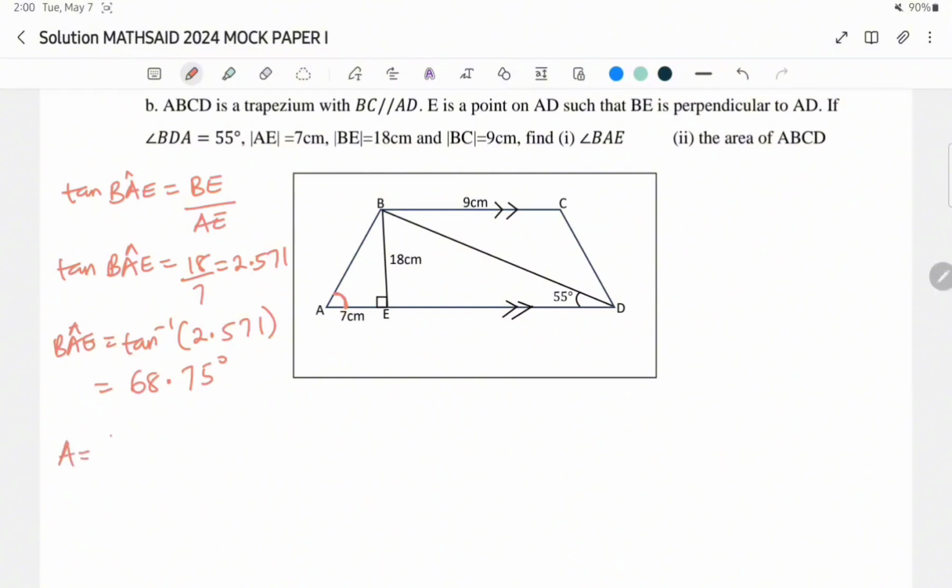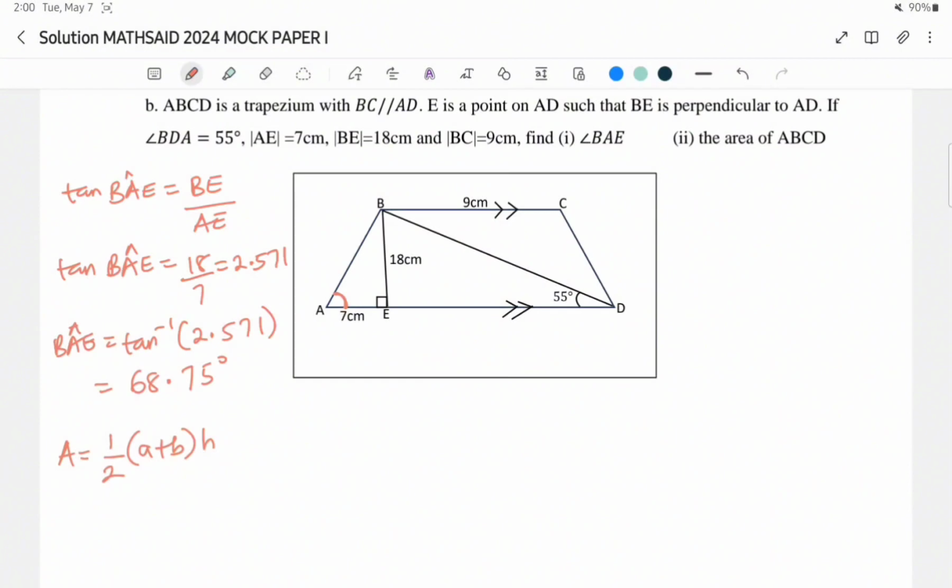A equals 1 over 2 of the sum of the parallel sides multiplied by the distance between them, that is the height. So we have the first parallel side BC, the second parallel side AD, but we do not know what side AD is, right? And we know the height. The height is given to be 18 centimeters. That means we'll need to calculate side AD first.